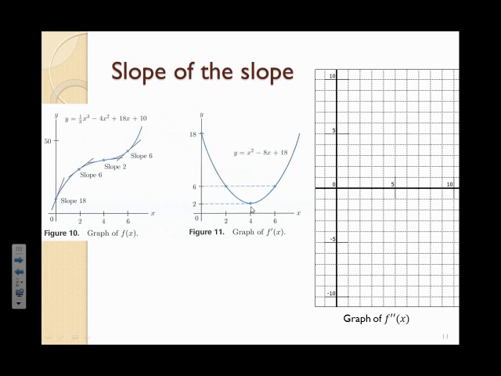So when we do this here, the slope, when x is equal to 0, well, we could estimate it and say, well, maybe it's going down, so it's negative. So maybe it's at -8. So at x is equal to 0, I'm going to put in a value here at -8.